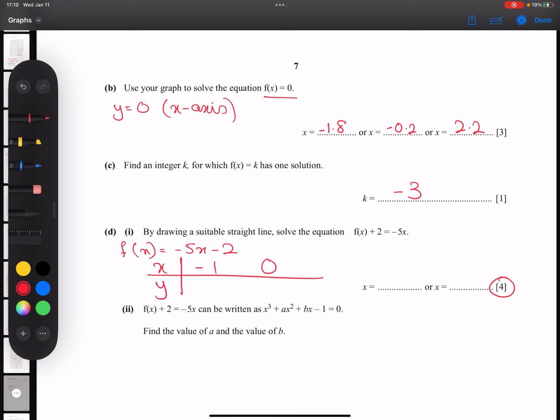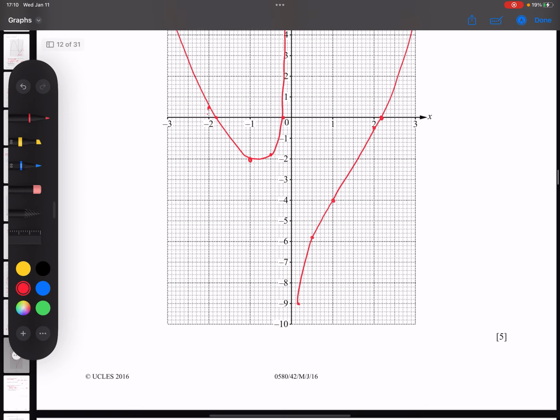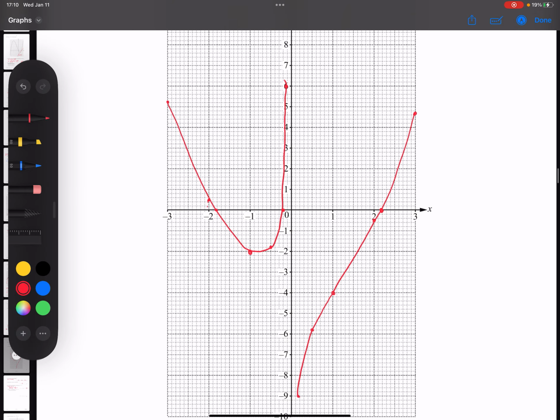So when x is negative 1, that's a 5. 5 minus 2 is a 3. For 0, that would give you negative 2. So negative 1 goes with 3 over here, and 0 goes with negative 2.